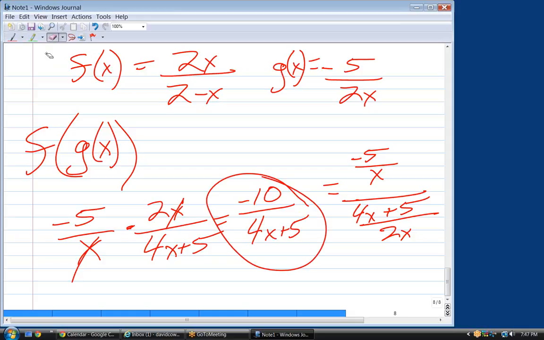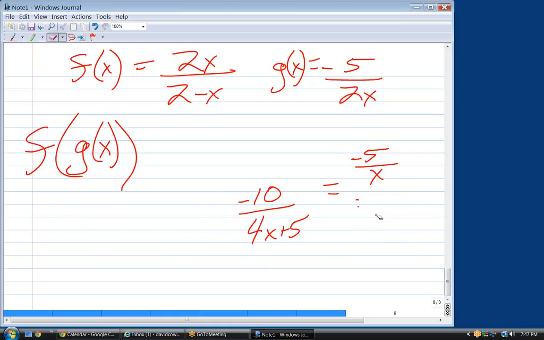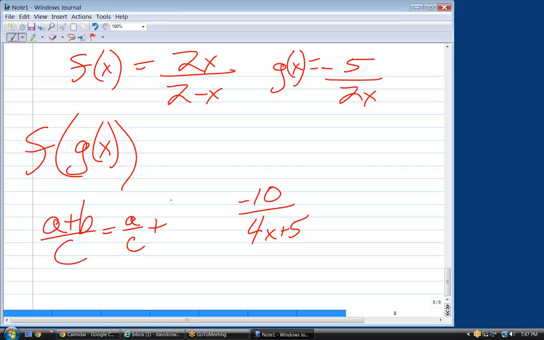Why can't you simplify that further? By doing what? Like dividing by, wait, never mind. It's okay. But one thing you cannot do, not that you would anyway, but if I have a plus b over c, I can separate that into a over c plus b over c.